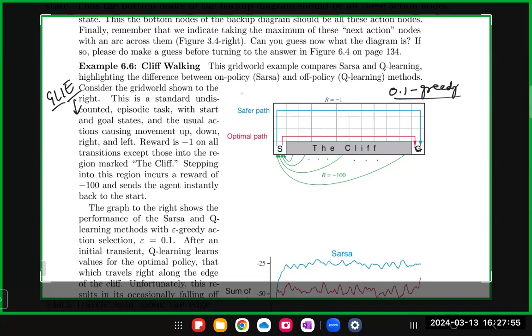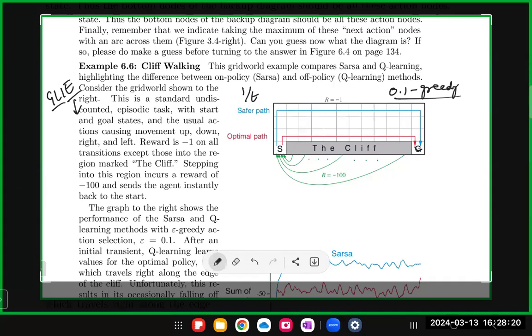If you keep epsilon equal to 1 by t, as t tends to infinity, your epsilon becomes 0 and it will converge to a greedy policy. But if you keep a constant epsilon in SARSA, the target policy will always be 0.1 greedy. So it will never converge to the optimal policy, right?